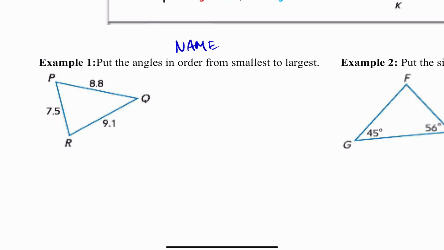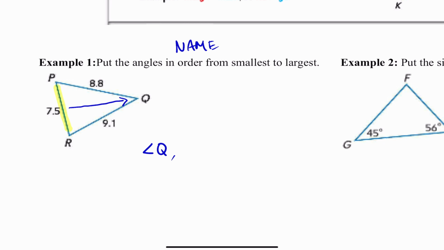So we're going to name the angles from smallest to largest. We can see that this is my smaller side, so this means that the angle is also small. So angle Q is your smallest angle in this triangle.